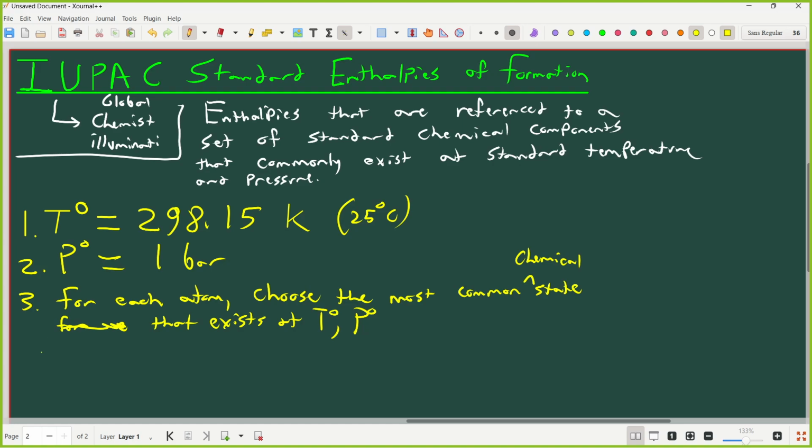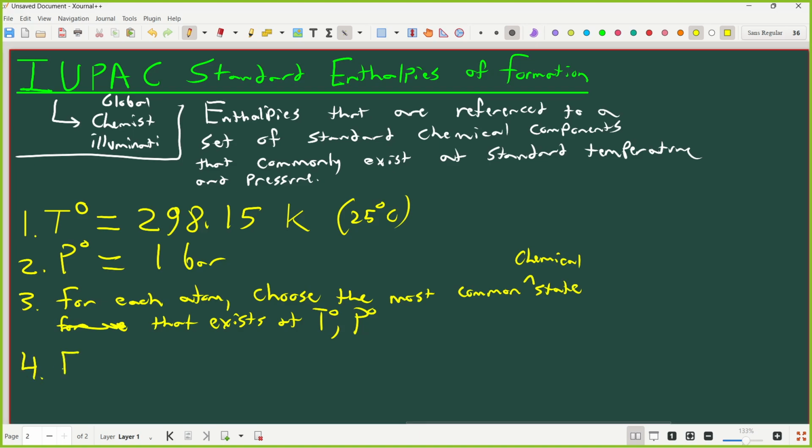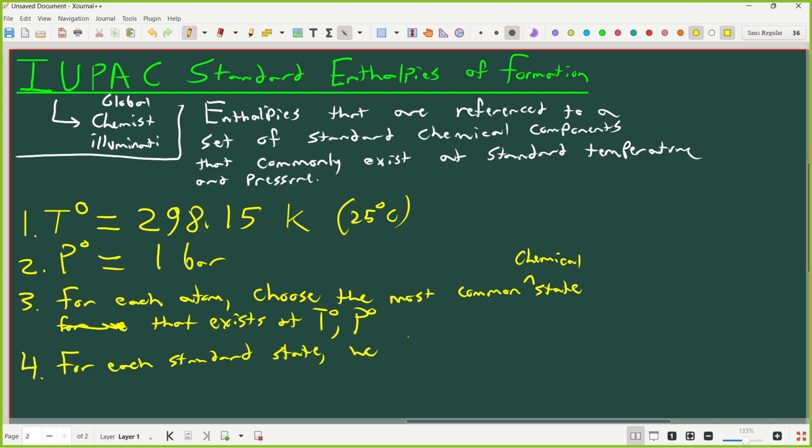For each one of these standard atoms, standard states, we set their enthalpies to be 0, exactly.